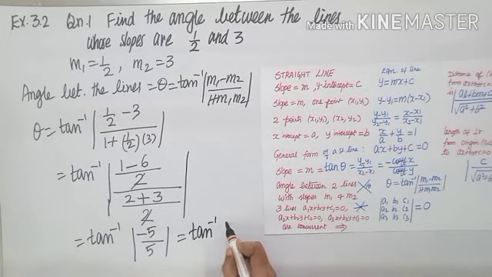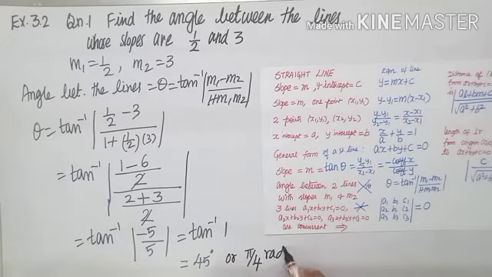Tan inverse 1. Tan inverse 1, recall from trigonometry. Tan theta equal to 1 tells me theta is 45. So tan inverse 1, we will call the angle to be 45 degrees, or we say pi by 4 radians.